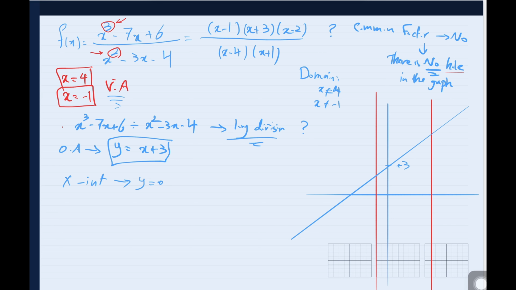So I have to have x cubed minus 7x plus 6 equal to 0. Then the x-intercepts are negative 3 and 0, 1 and 0, and 2 and 0.